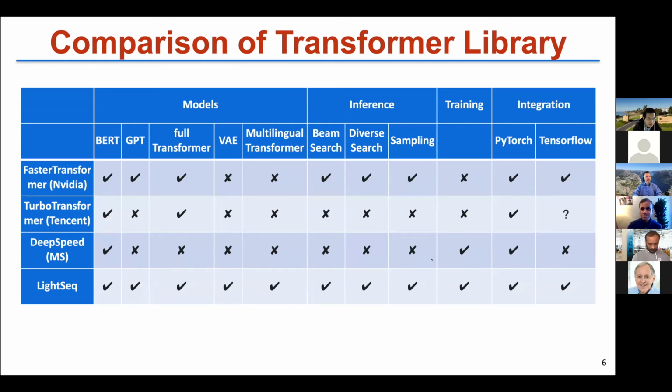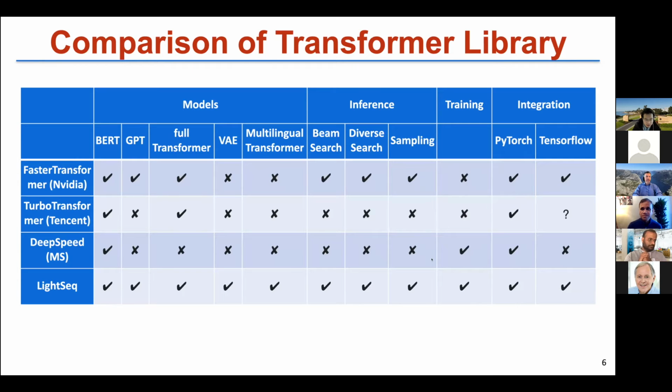FasterTransformer and TurboTransformer are really used for inference. They support both BERT, GPT type models, and the full transformer as well, but they do not support more advanced models like VAE or multilingual transformers, and more diverse inference techniques.